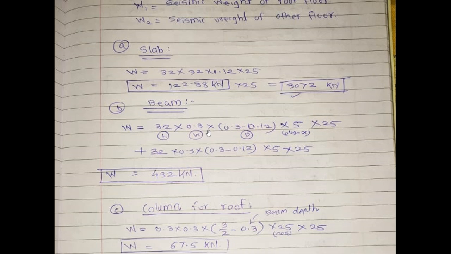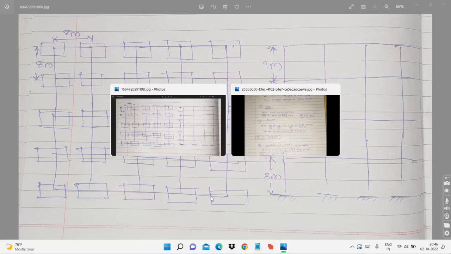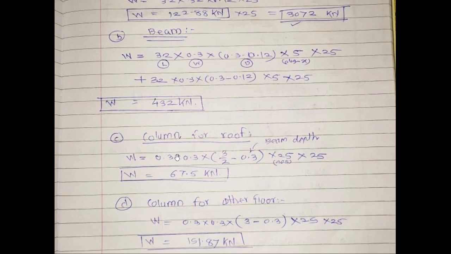This 0.3 is nothing but the width of beam according to the given condition. This depth will be calculated as 0.3, my overall depth, minus 0.12, the slab thickness, into this 5. This 5 along the x direction is nothing but beam number 1, 2, 3, 4 and 5. So we have considered 5 here and 25 is the density. So W is to be calculated for the beam.